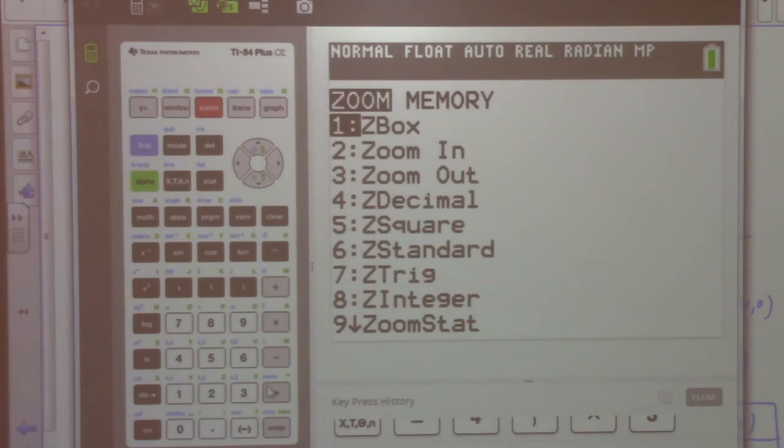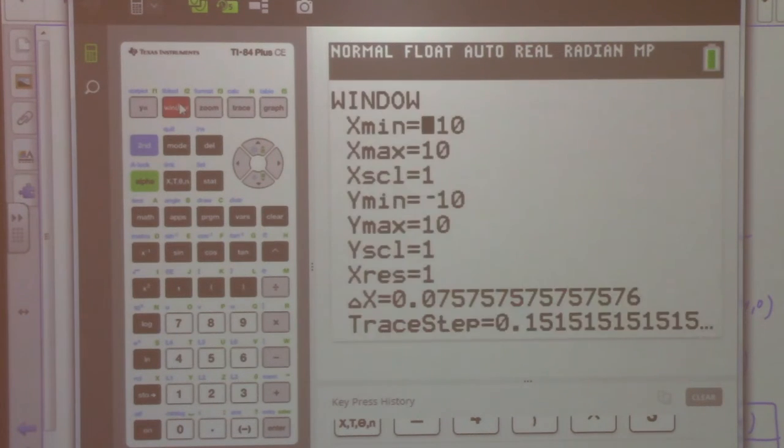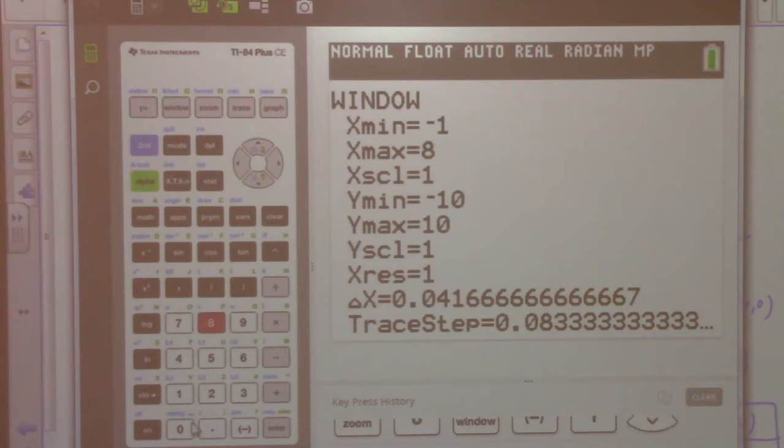So I'm going to go to zoom standard first. We can't see it really well, but if we go to the window, I'm going to go to -2 to 8. I want to put 8, not 80.